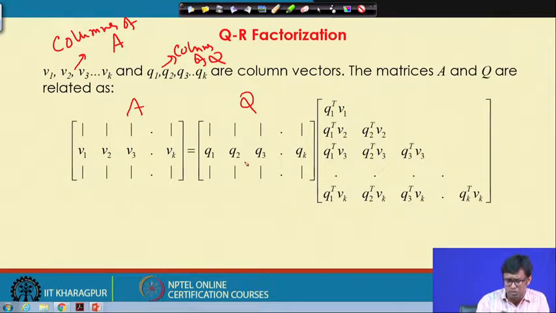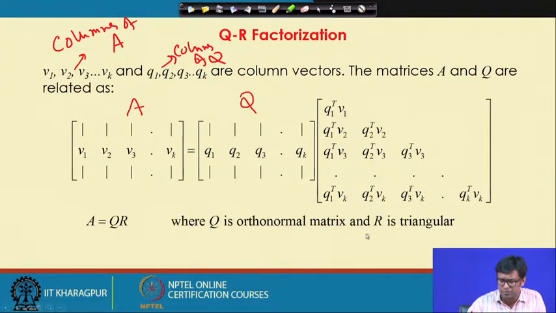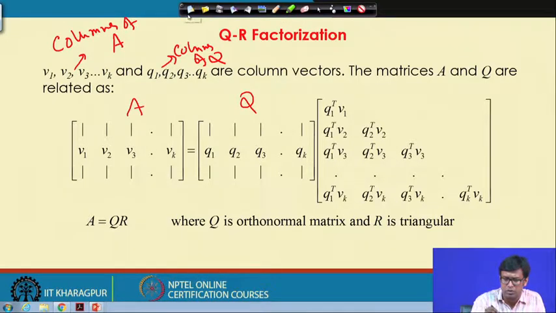V2 is a combination of these two columns, and so on. So, we get the equation A = QR, where Q is an orthonormal matrix and R is a triangular matrix, or rather, better to write, an upper triangular matrix.